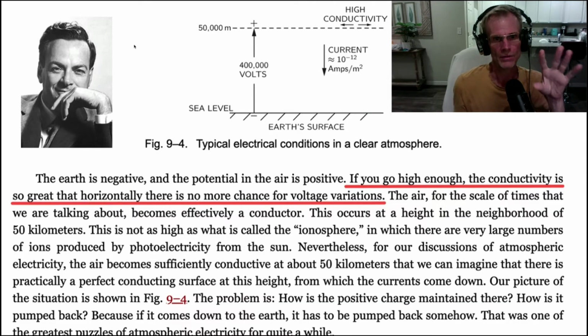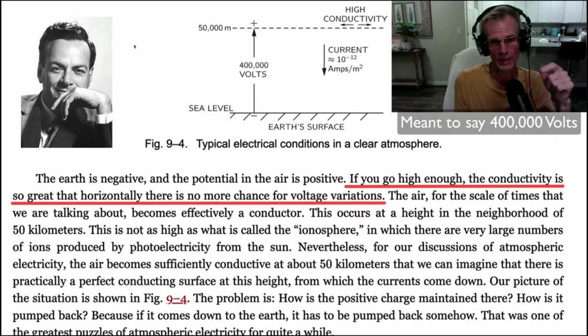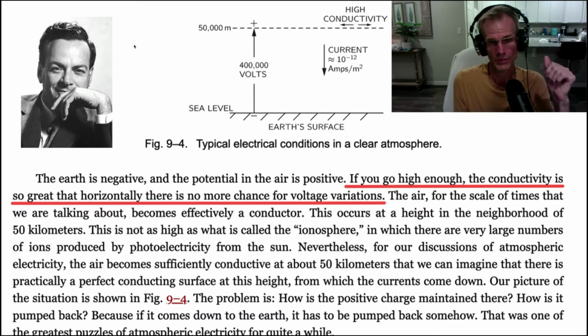Now there's a great resource from Richard Feynman's Lectures on Physics, in his electrodynamics edition, which has a whole chapter on atmospheric electricity. It's excellent, and I recommend everybody take a look. You can see from this chart that the electric field goes from sea level up to about 50 kilometers, about 31 miles, and it's 40,000 volts from the surface up to that height.